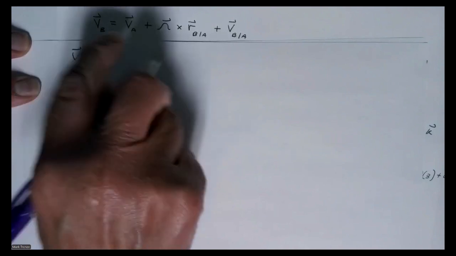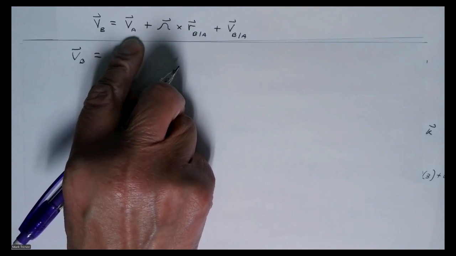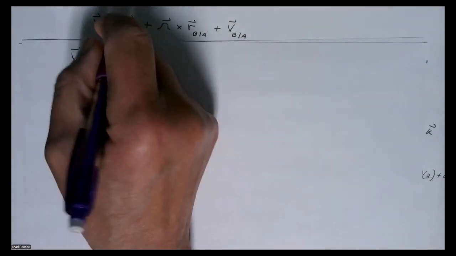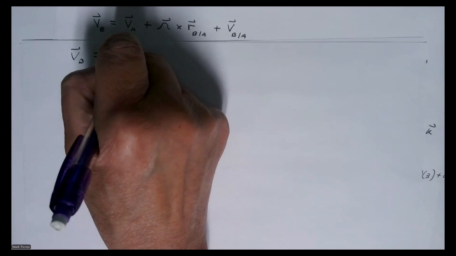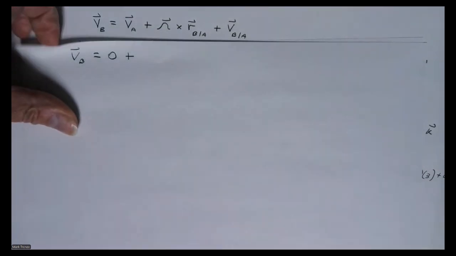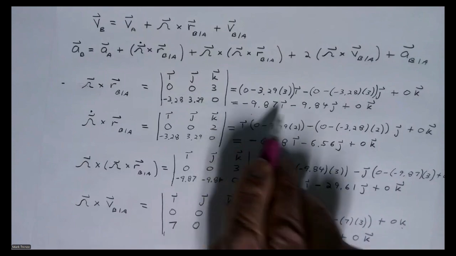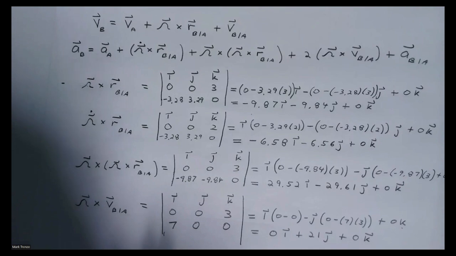VB is going to be equal to VA, which again, that's 0, because the moving reference was not translating. And then plus this cross product here, which was negative 9.87, negative 9.84.